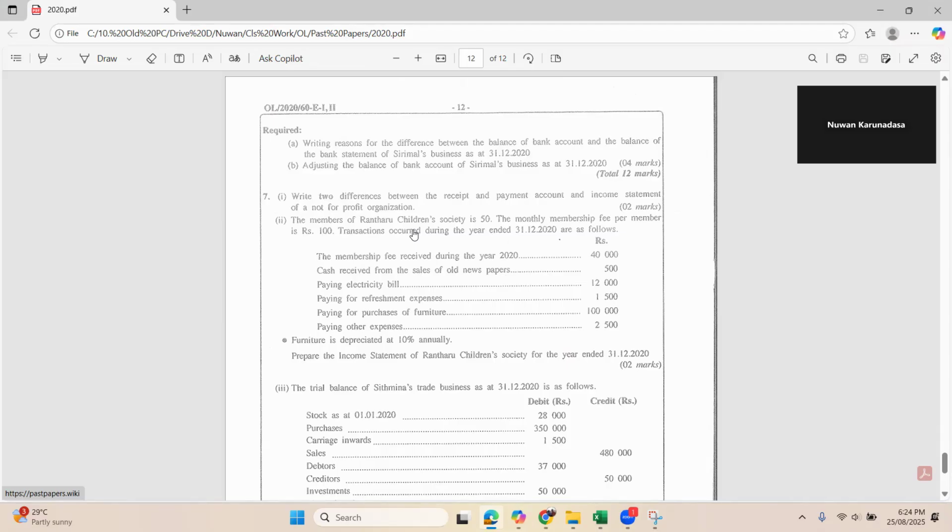Second, they're asking to adjust the balance of the cash book. Why? Because the cash book balance is wrong, so they're asking you to do the adjustments to the balance of the bank account as at 31st December 2020.